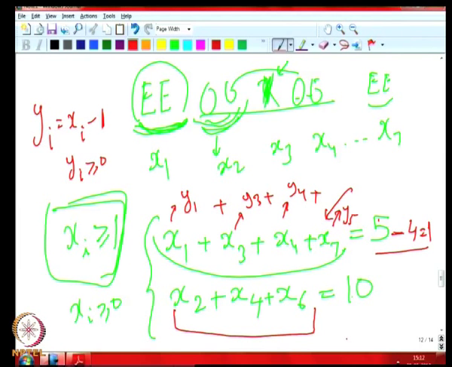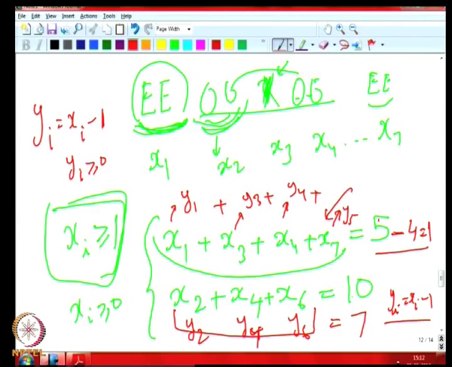Now, to convert it to the familiar problem, we convert to y2, y4 and y6, as we always do, and they should sum up to 7, because each yi is defined as xi minus 1, so the condition on yi is only that yi is greater than or equal to 0.